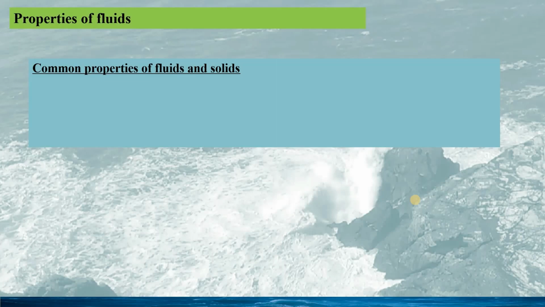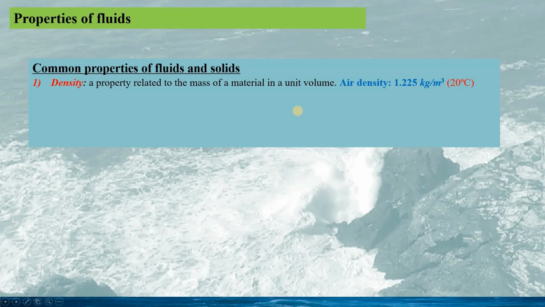In this slide, we are going to look at the properties of fluids. Here, we look at the common properties for fluids and solids. Density is a property related to the mass of material in a unit volume.